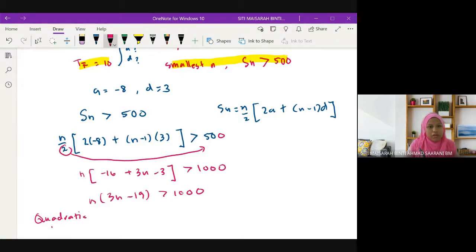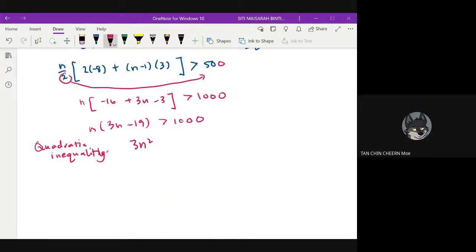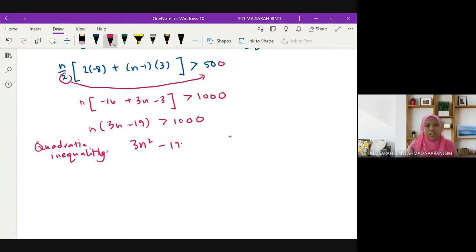Kita baru belajar je, quadratic inequality suppose kena ada apa? Kalau quadratic inequality kita guna kaedah apa? Graphical method. So then we should draw. Okay. Our quadratic inequality is 3n square minus 19n minus 1000 more than 0. So then awak factor, since dia punya A is positif, jadi boleh terus factor.